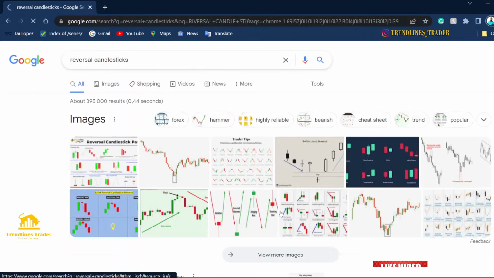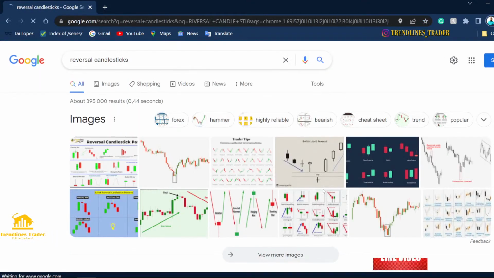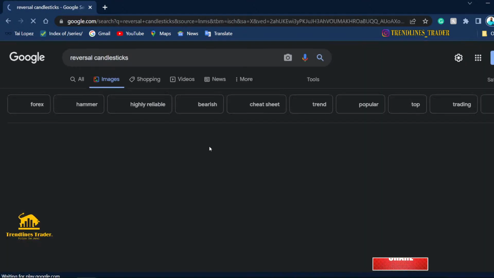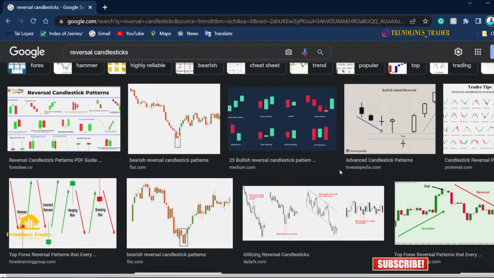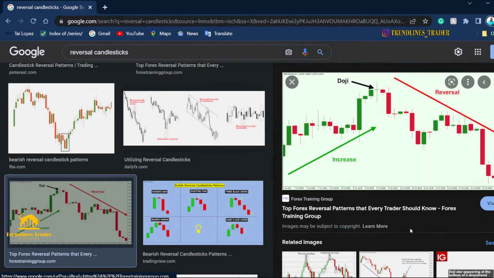Okay, the spelling is not correct. Anyway, let's look at this. There are images that I'm looking for so that I can show you that type of reversal candlestick patterns, so you guys can be able to see. I'm gonna use this one. Yes, this is exactly what I'm looking for.